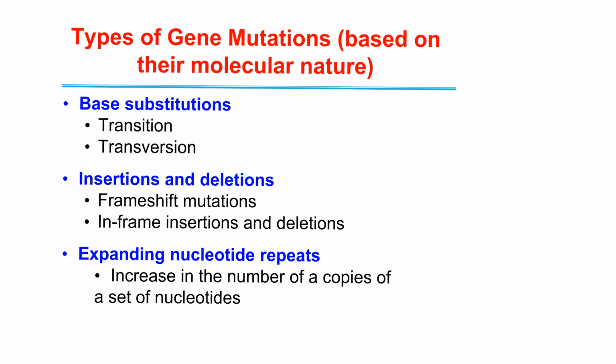By the molecular nature, we can divide mutations into base substitutions, insertions and deletions, and expanding nucleotide repeats. We will go into more detail on these classes of mutation in the following slides. First, we will discuss base substitution, transition, and transversion.